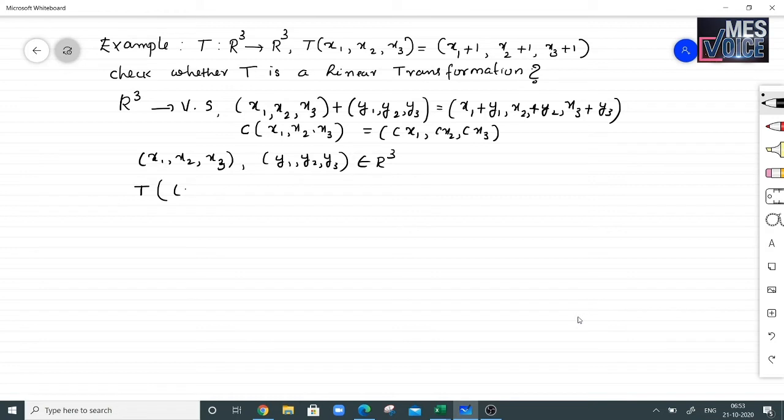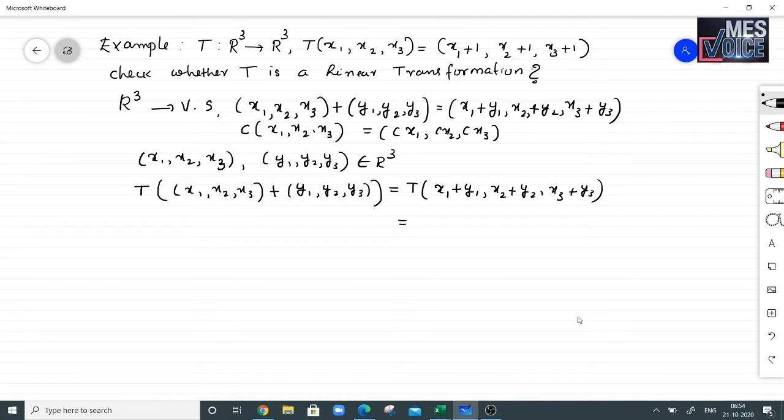T of (x1, x2, x3) plus ordered triplet (y1, y2, y3) is equal to T of, the addition is defined as ordered triplet (x1 plus y1, x2 plus y2, x3 plus y3).